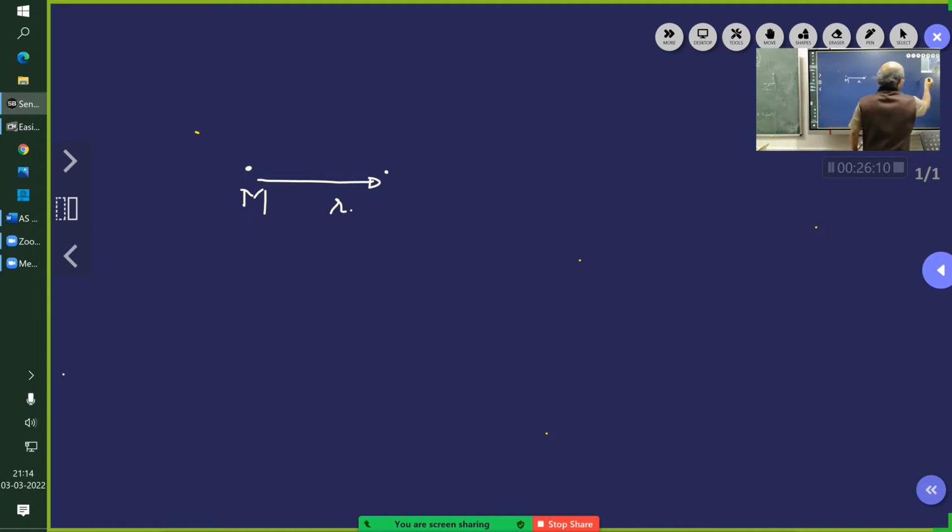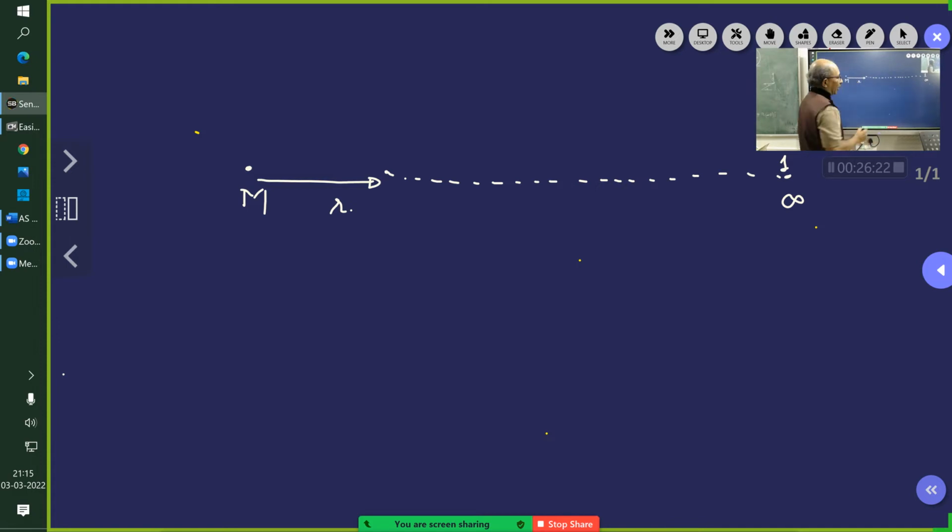You will go to infinity, and you will take a unit mass at infinity, and you will start bringing that unit mass from infinity and position it here. Whilst you are moving, you will ensure that the velocity will not increase or decrease. So the total work that you do to bring it at a distance r is now in the form of potential energy at this point.